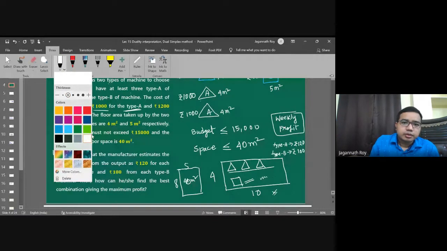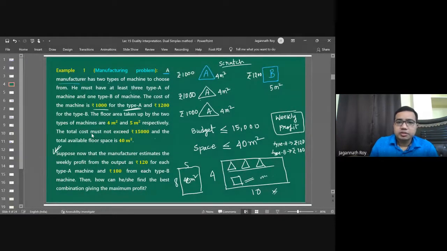There, the budget was a resource, and then space was a resource.